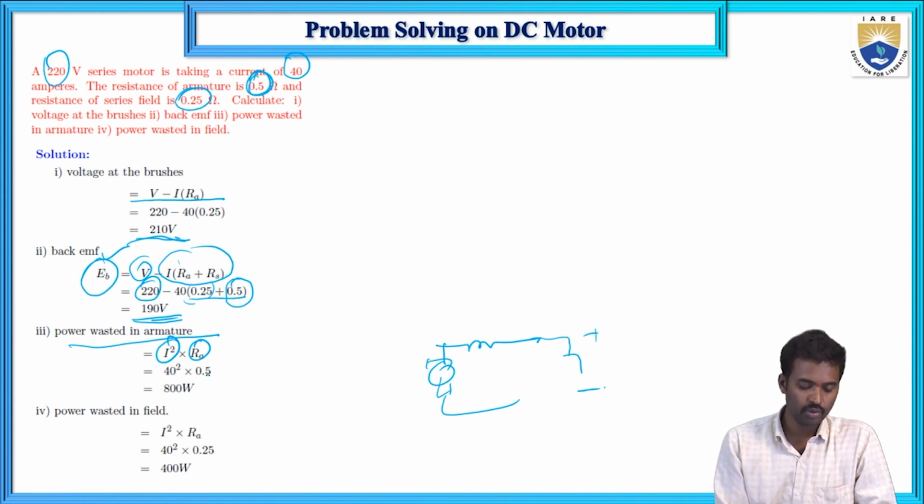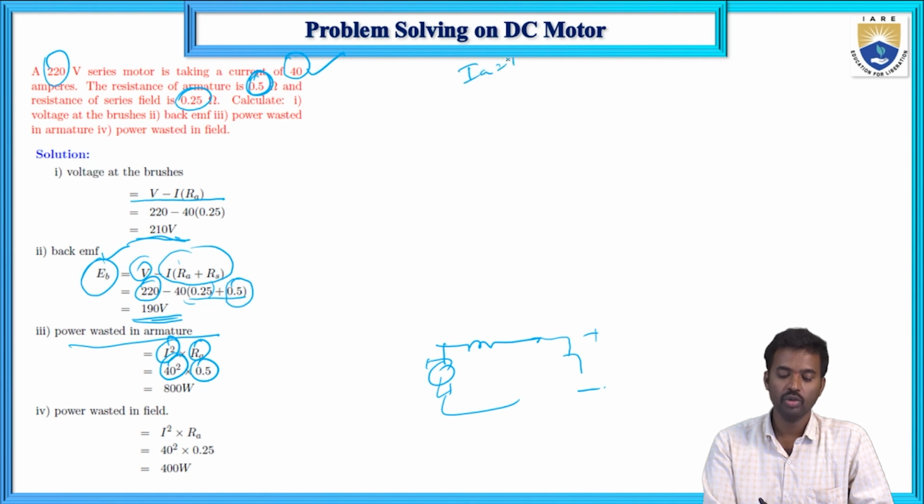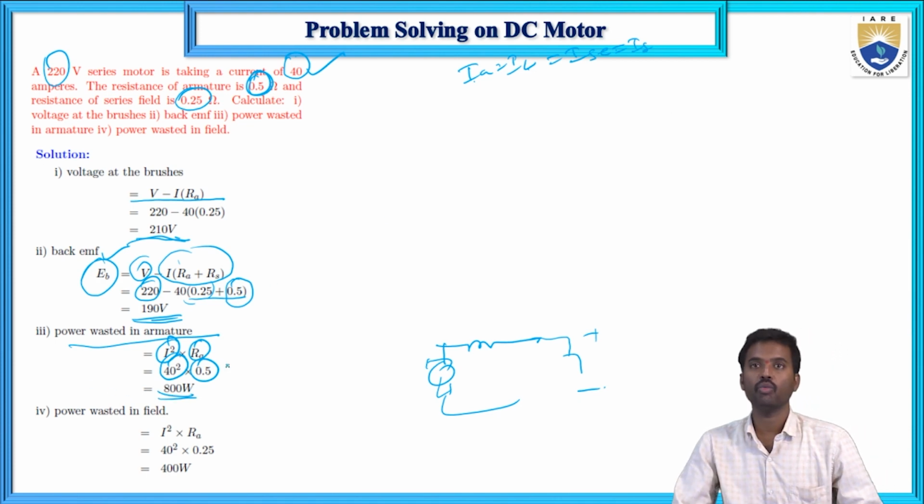This RA value is 0.5 and this IA equals 20 amperes. Here in case of series DC motor, armature current equals line current equals field current, the series current, that means IF. And next, that value is 800 watts.